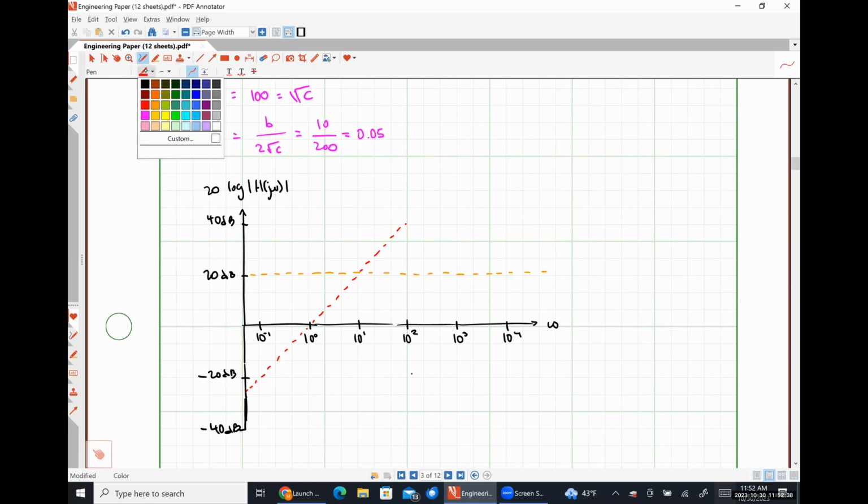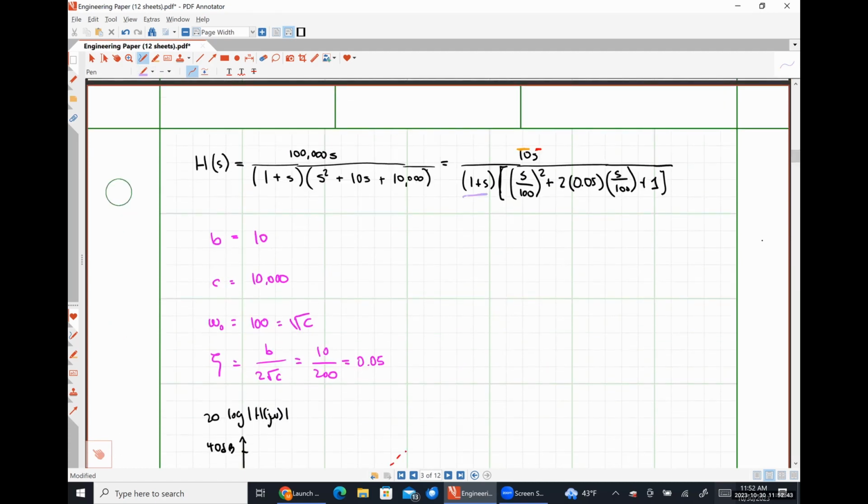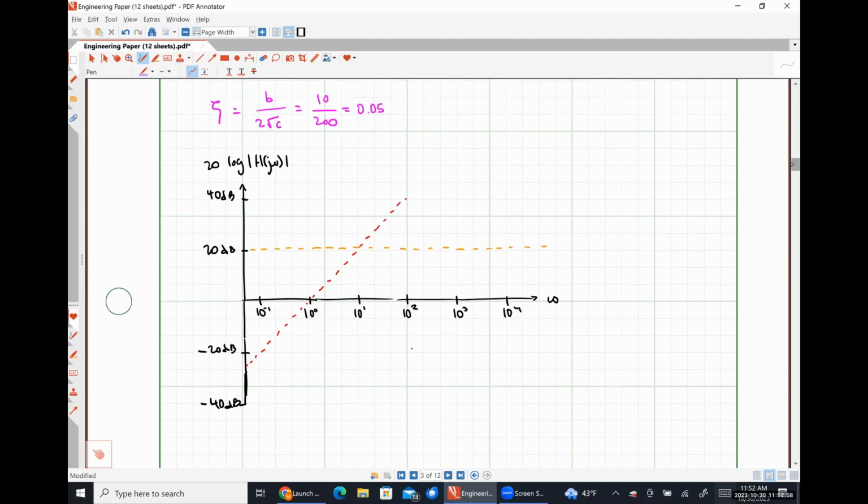Then we have our simple pole, this term right here, which happens at also 10 to the 0. And then we have our complex conjugate pole, which happens at 10 to the 2.